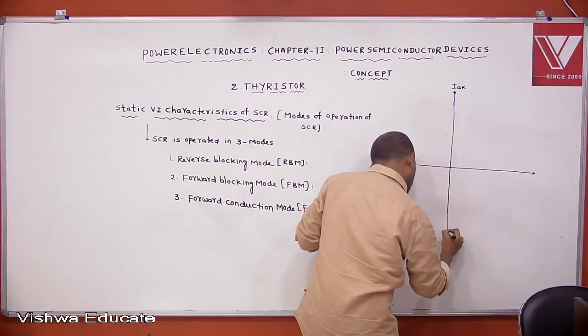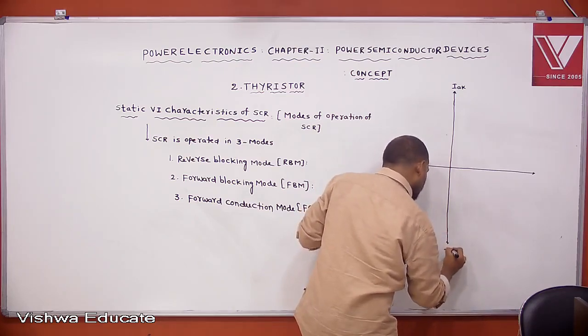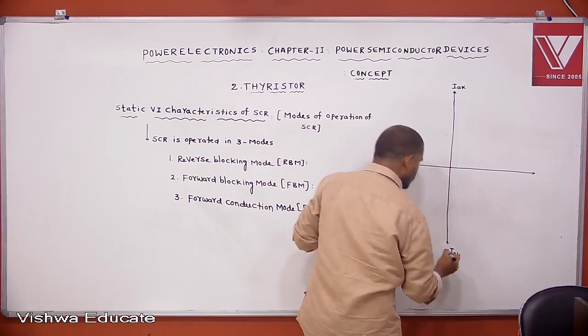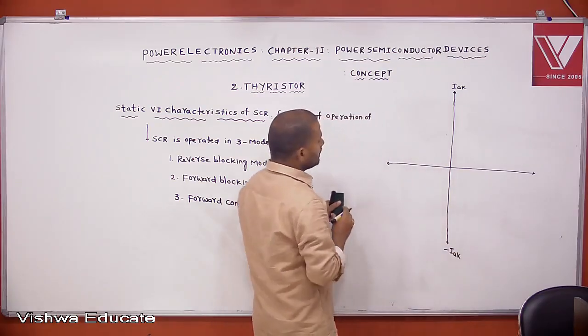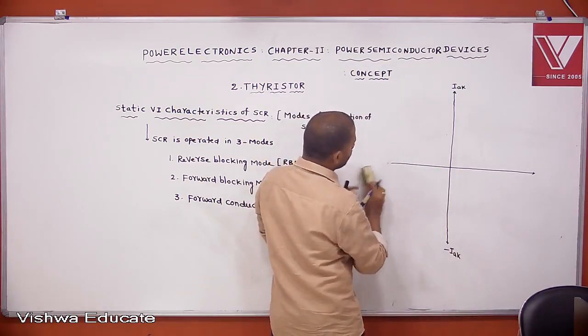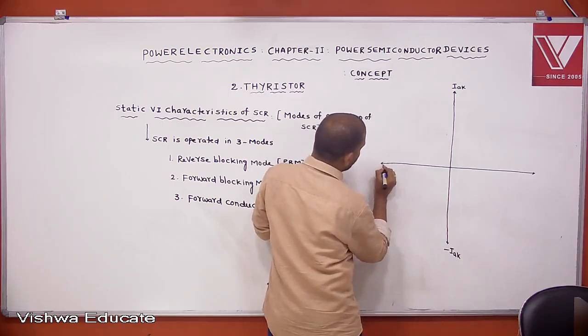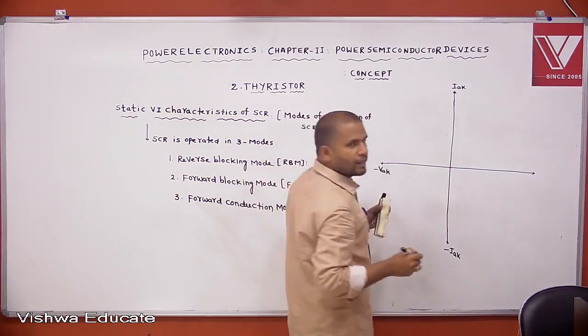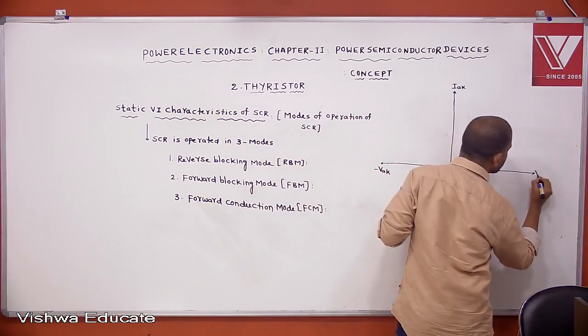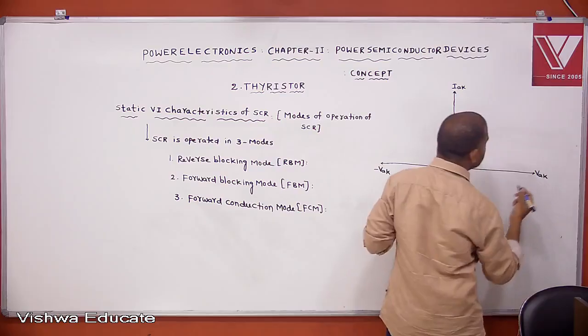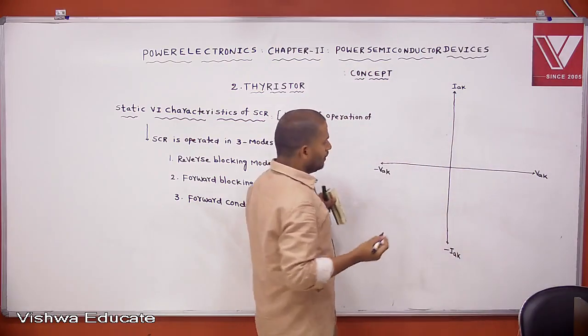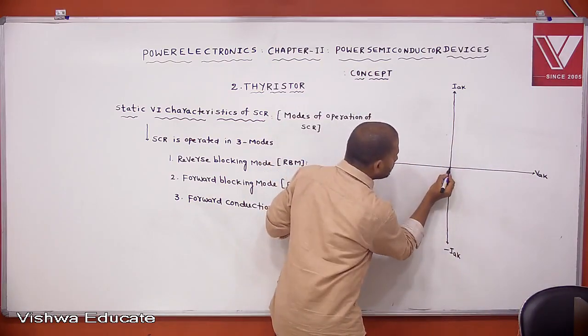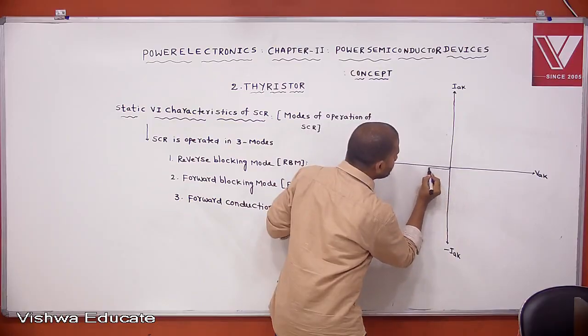This is also anode to cathode current in the negative direction. And this is anode to cathode voltage in the negative direction, and this is anode to cathode voltage in the positive direction. Then first I will list out the characteristics.